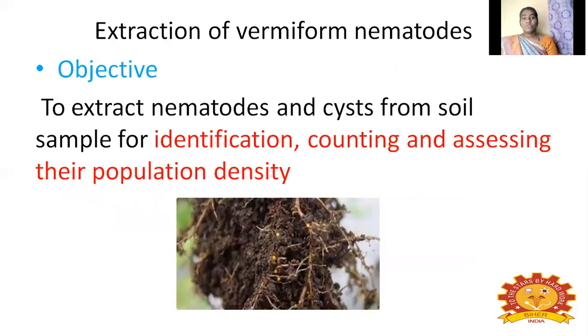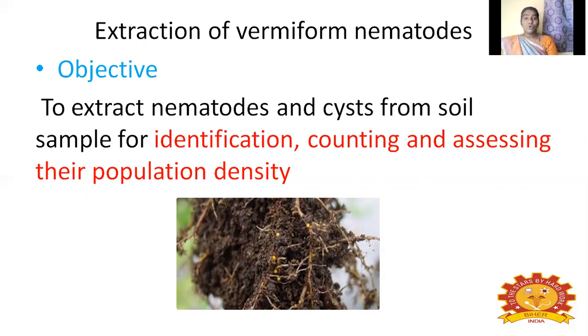So, extraction of vermiform nematode. First of all, what is the objective? To extract the nematode and the cyst from the soil sample for identification, for counting, and for assessing their population density. The nematode acts as a pest or damage-causing species for agricultural and horticultural crops. Before controlling it, we need to know what kind of pest or nematode it is.